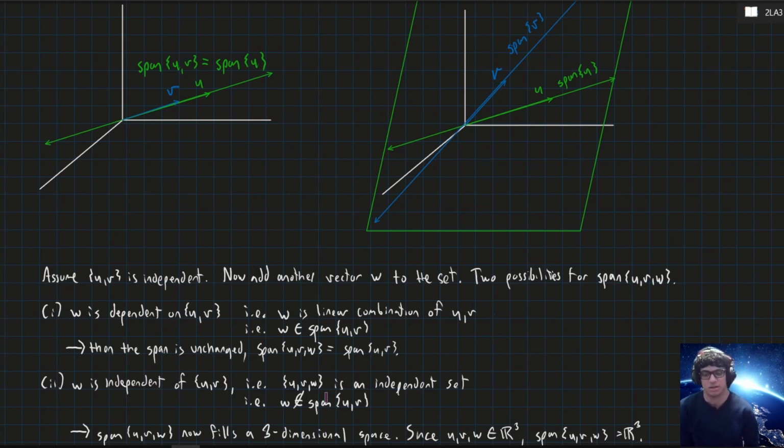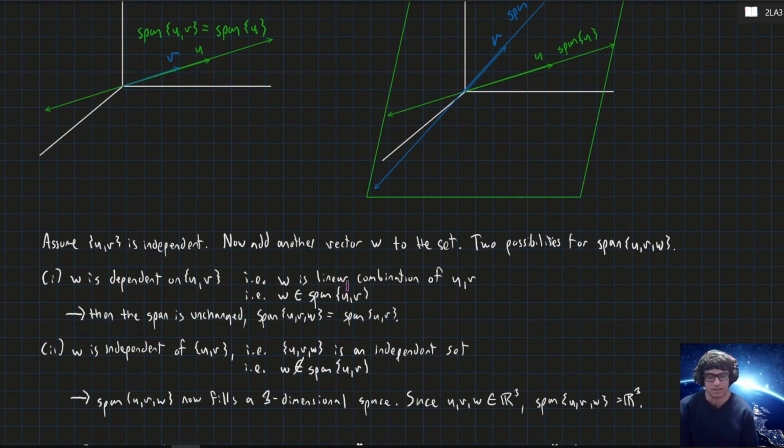If that happens, we get u, v, and w as an independent set, and the span of u, v, w now fills the whole space. It fills a three-dimensional space. Since we're in R3, we can say that the span of those vectors is equal to R3.